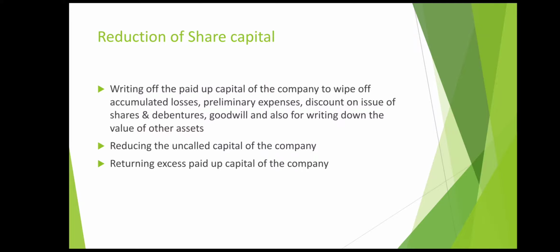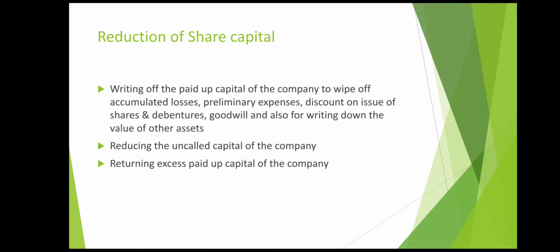So basically in reduction of share capital, equity shareholders agree to forego certain claim and that amount will be utilized to write off the accumulated losses, and if there are any preliminary expenses, any discount given on issue of shares or debentures, if goodwill is there, and if there is revaluation of assets.